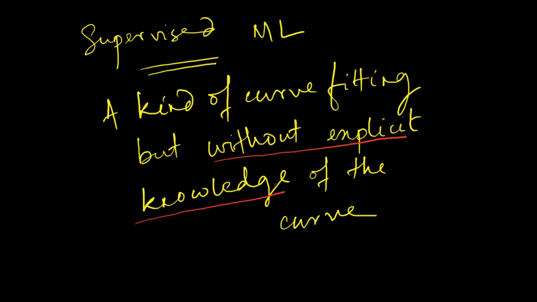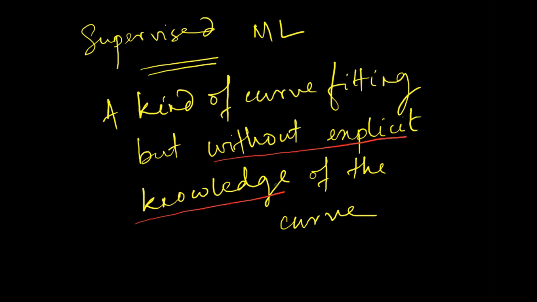But here, one important thing to understand is that this lack of knowledge is actually not a binary yes or no kind of thing, but more of a grayscale. What does that mean? That means that in some simple versions of machine learning algorithms, we actually know the curve that we are fitting our data to.